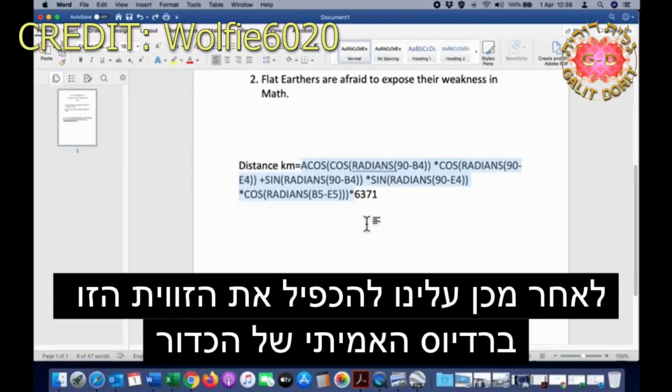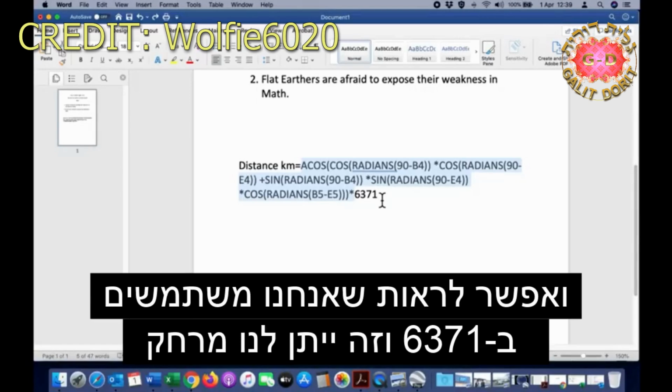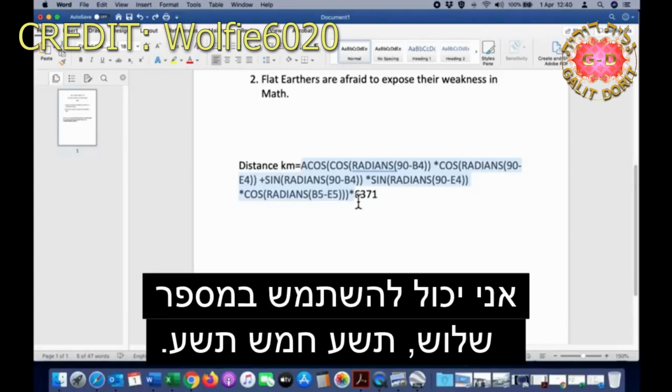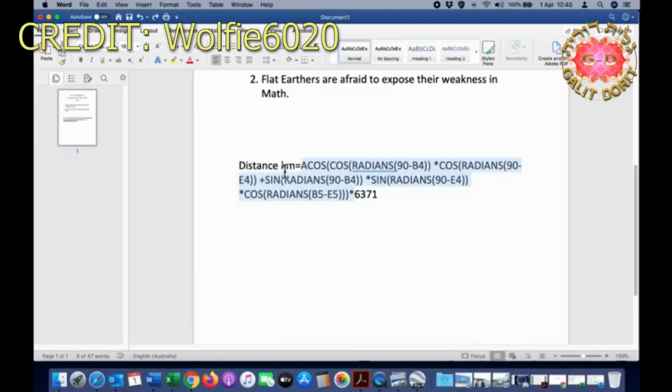We then need to multiply that angle by the actual radius of the sphere to get an accurate distance. And here you can see we are using 6371, and that will give us a distance in kilometers. I could use the number 3959, and that would give us an answer in statute miles.